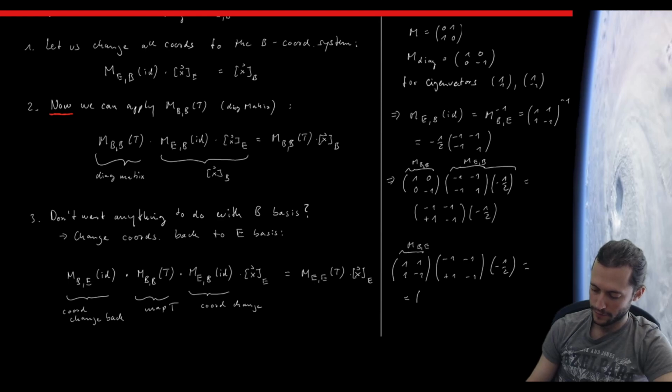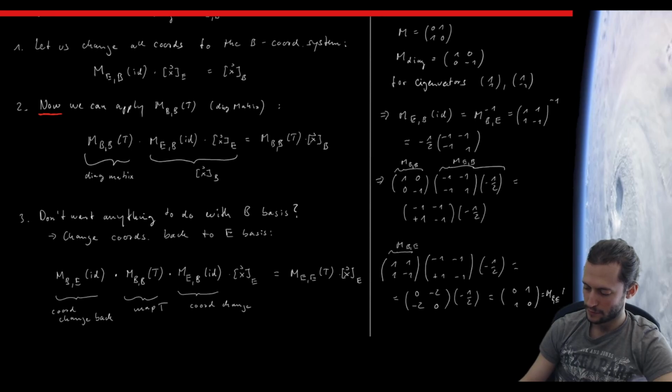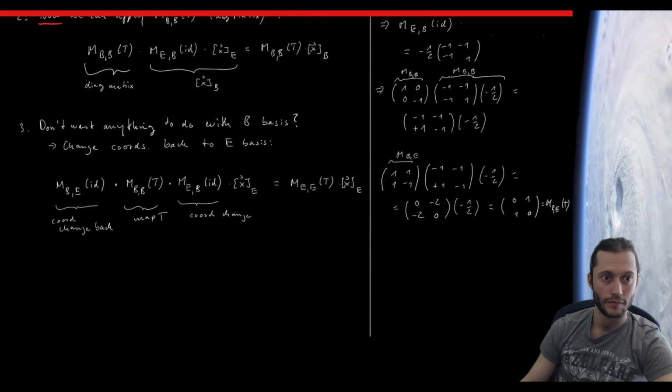Let's go on a new line. For example, minus 1 plus 1 is 0. The rest is this, times minus a half, giving us 0, 1, 1, 0, which was, as hoped, MEE of T.